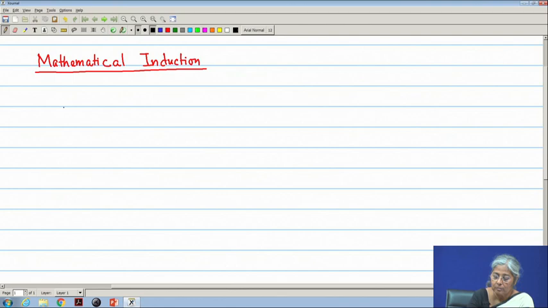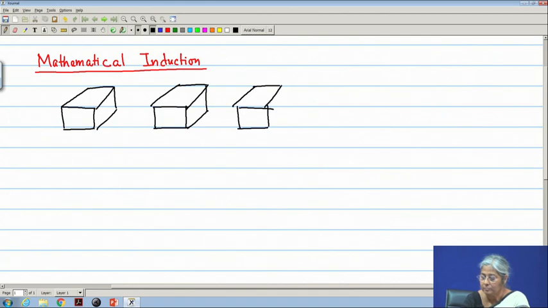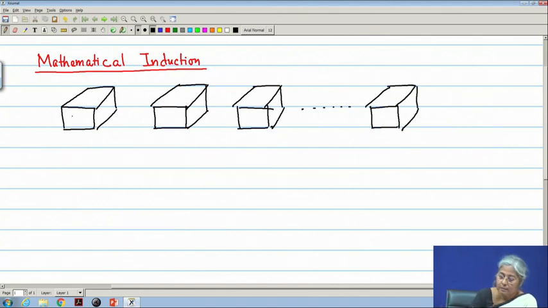First we draw the blocks, numbered 1, 2, 3 and say up to n.